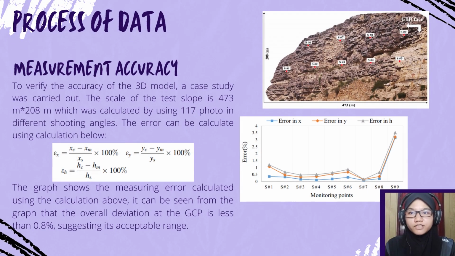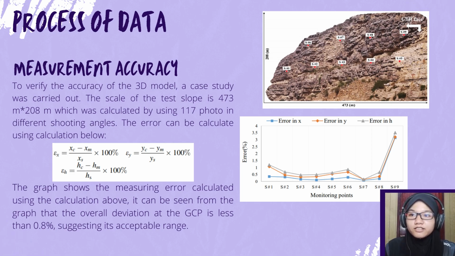In process of data, we have the measurement accuracy method. To verify the accuracy of the 3D model, a case study was carried out. The scale of the test slope is 473 meters by 208 meters, which was calculated using 170 photos taken at different shooting angles.